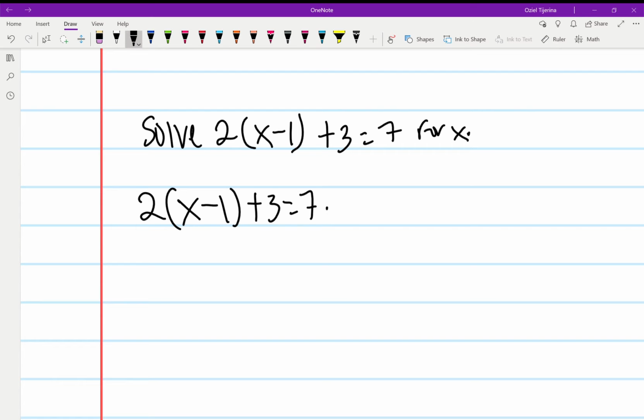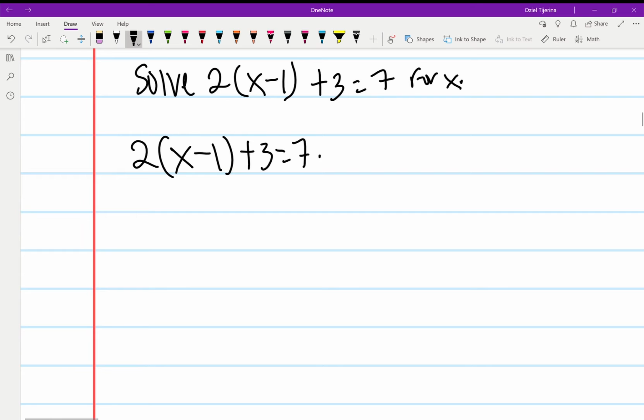The distributive property says that you multiply 2 times x, minus 2 times 1, plus 3 equals 7.